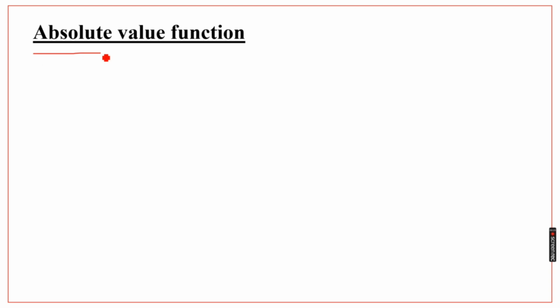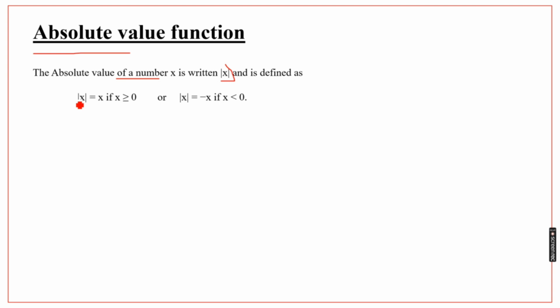Absolute value function. The absolute value of a number x is written like a line between two lines. The number between two lines is defined as the absolute value of x.